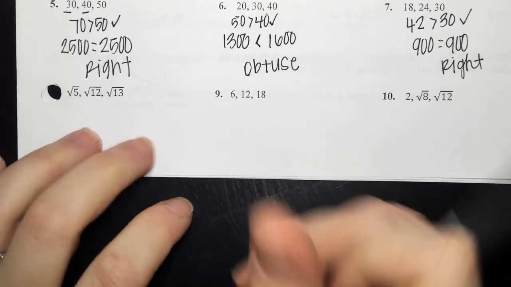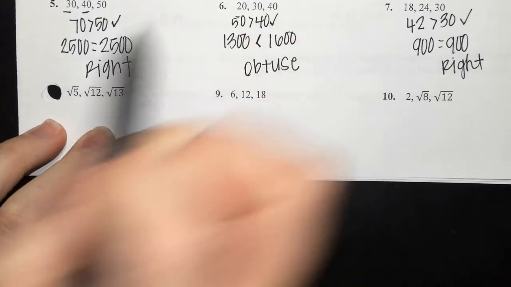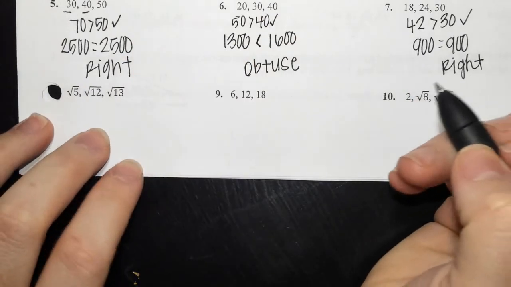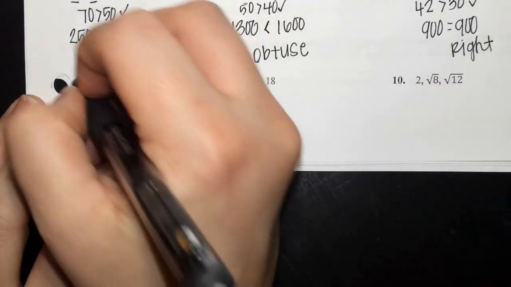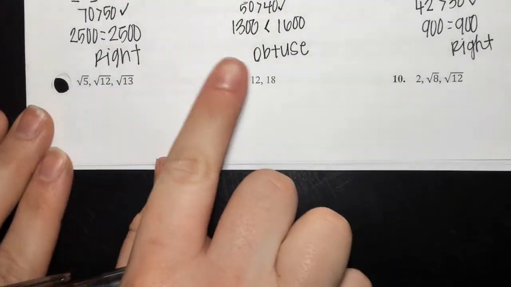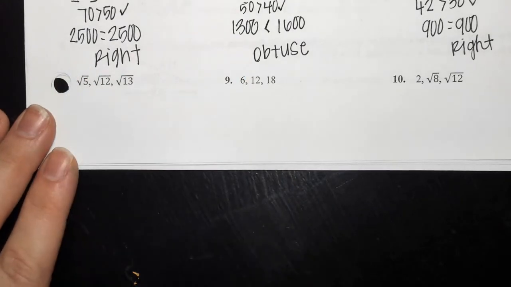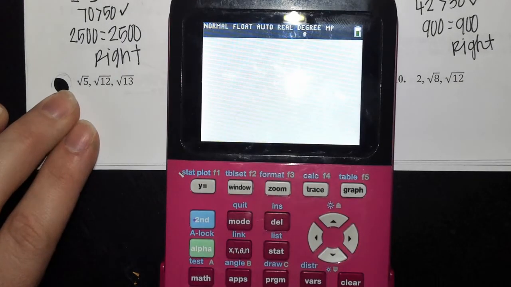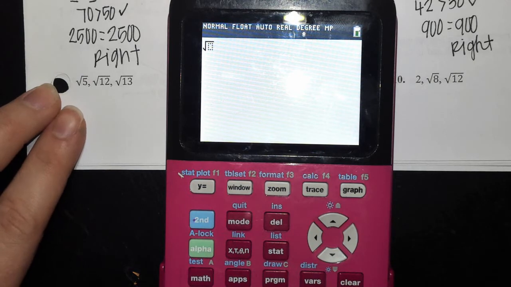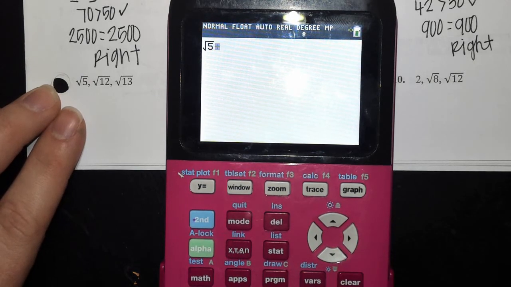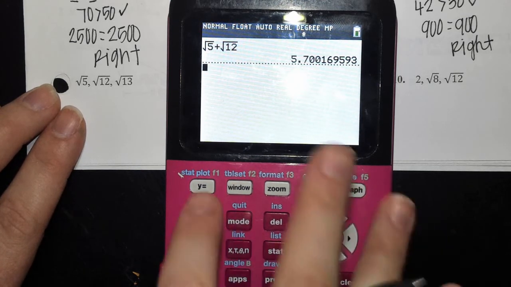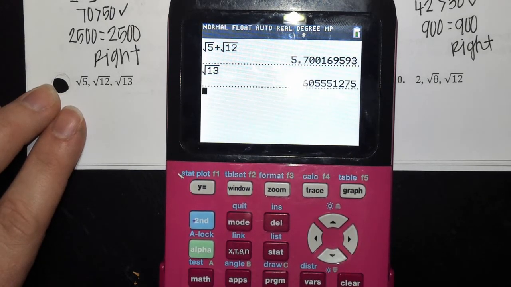What happens when we square a square root? It cancels it, right? But here's the thing. Before we start doing that, we have to determine if these even make a triangle. So take the two smallest, the square root of 5 plus the square root of 12. Is that greater than the square root of 13?